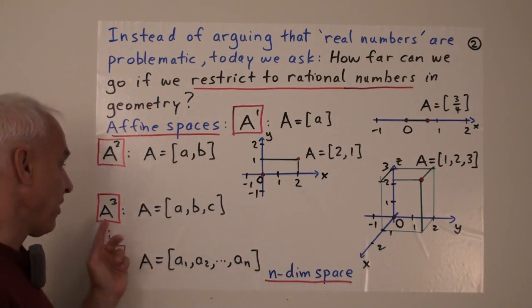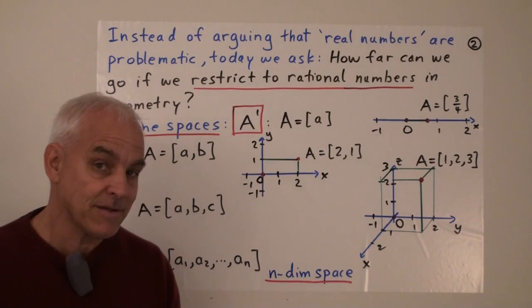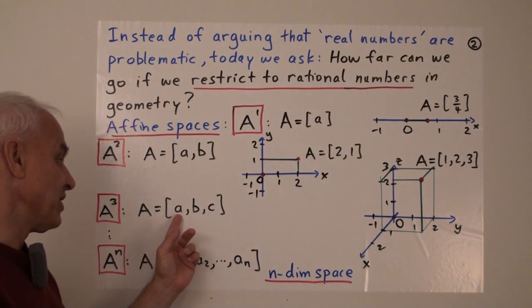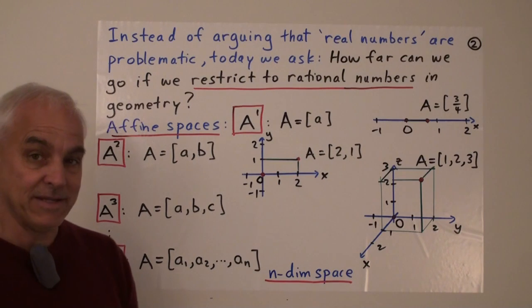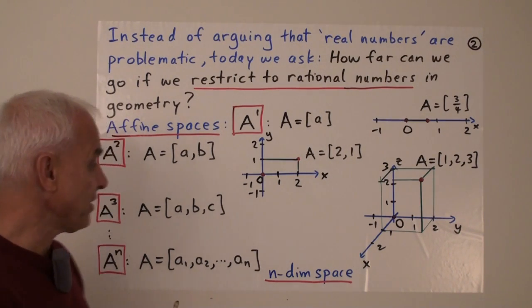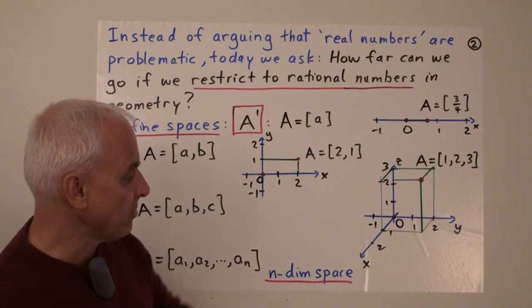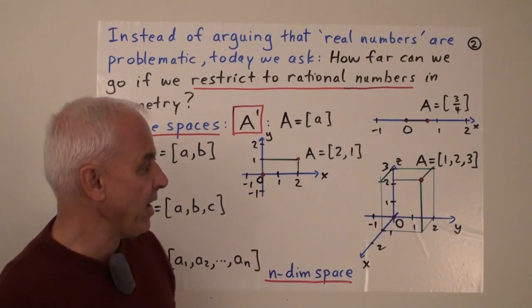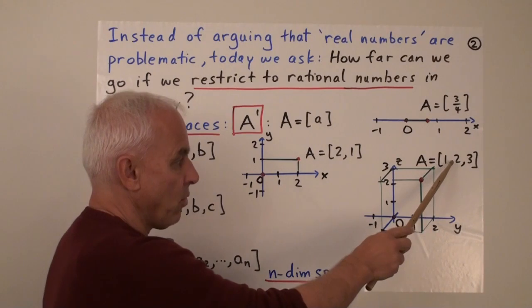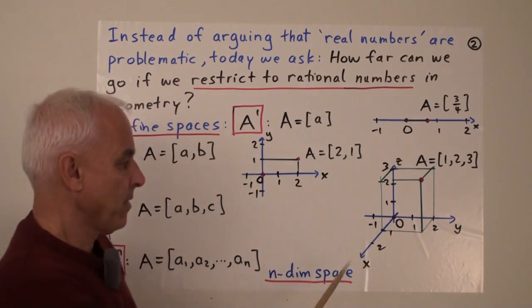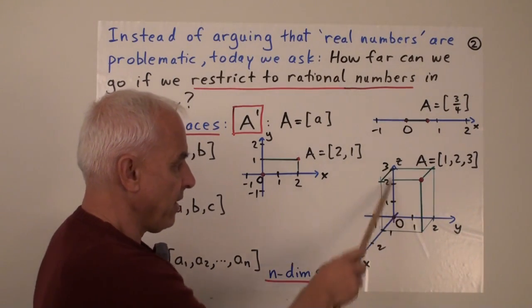And then we can go to three-dimensional affine space, which consists of triples A, B, C of numbers enclosed in square brackets, and we can visualize that in also a familiar way in terms of axes x, y, and z, say, and there would be the point A equals [1, 2, 3]. 1 this way, 2 this way, and 3 that way.